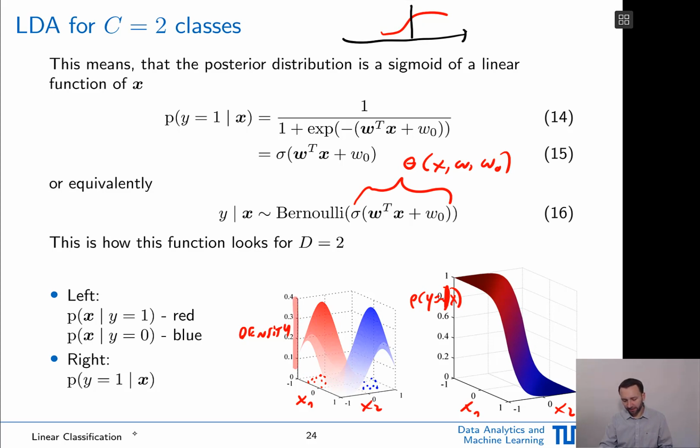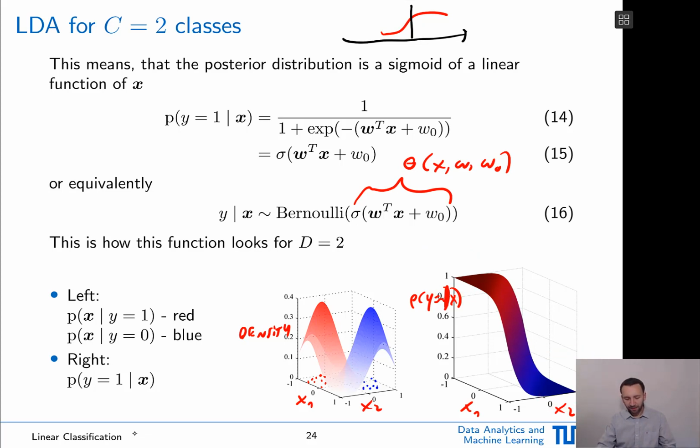So this is our P of x view, and here we plot the P of y view, which was our sigmoid function. You see the S curve again, now in a two-dimensional space with two inputs, where here it's class red and here it's class blue.